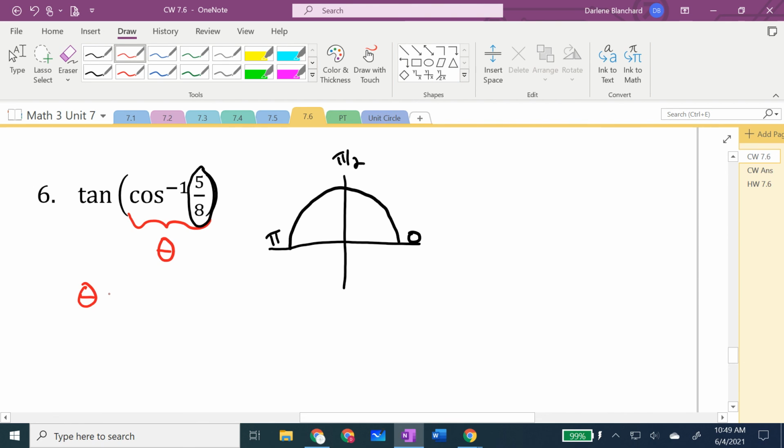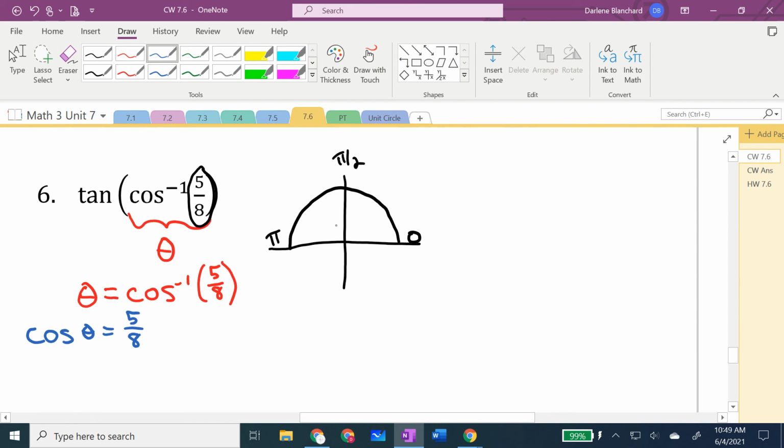So part of this statement is that there is an angle for which the inverse cosine of 5/8 is that angle. By understanding what inverse functions are, I can also say that the cosine of that angle is 5/8 and see that I have a positive number for my cosine.